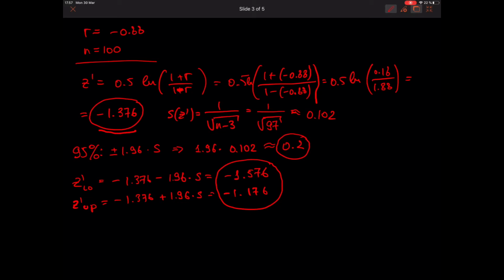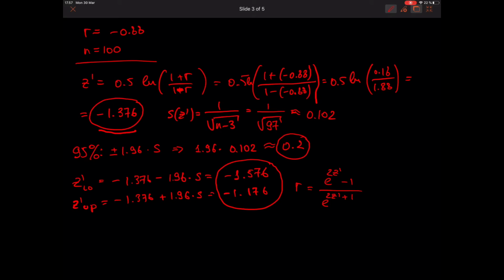Now we know that we can always get back from z prime to r, to correlation, if we use an inverse function, and I showed you several times how to find an inverse function. So here I will just write it down. The correlation is e to the power of 2z prime, minus 1, divided by e to the power of 2z prime plus 1.